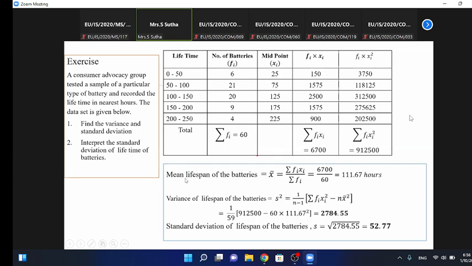First we calculate the mean lifespan of the batteries using this formula, then we calculate the variance, and then we take the standard deviation of the lifespan of the batteries, 52.7. The interpretation part I'm leaving as your homework. You practice how to make the interpretation for this example.